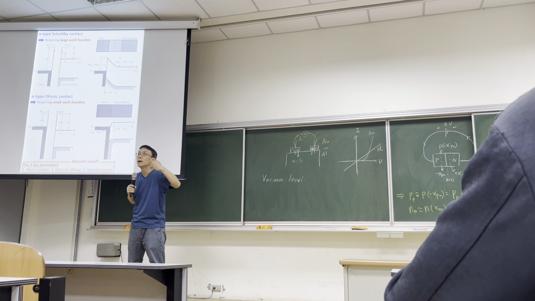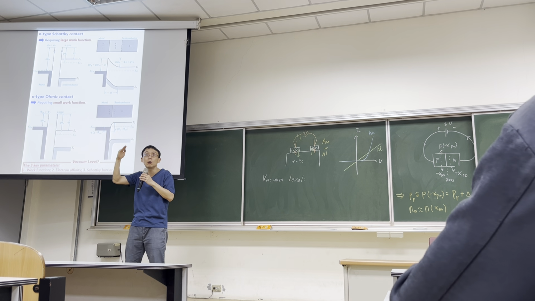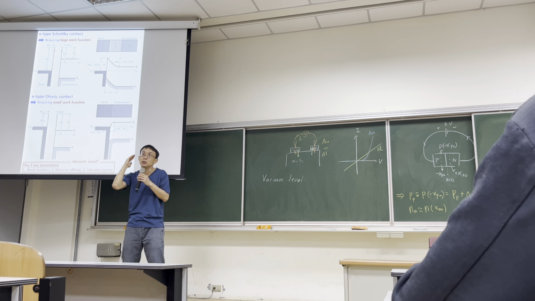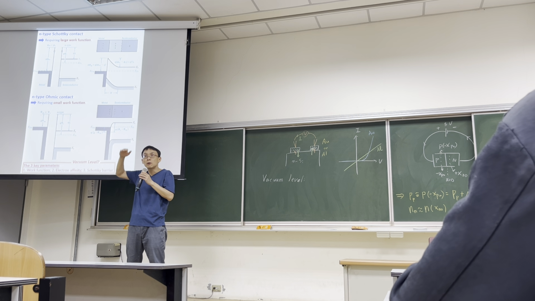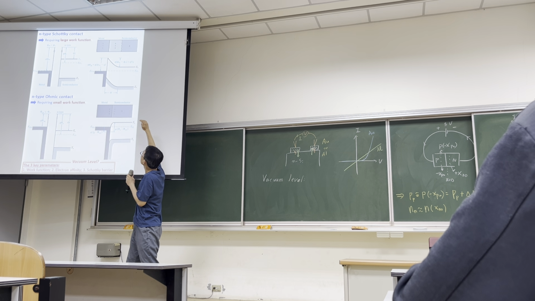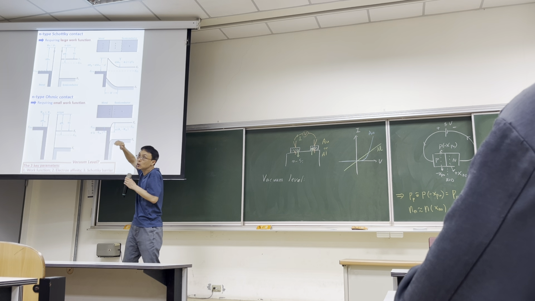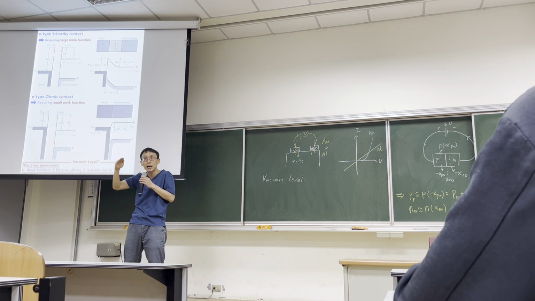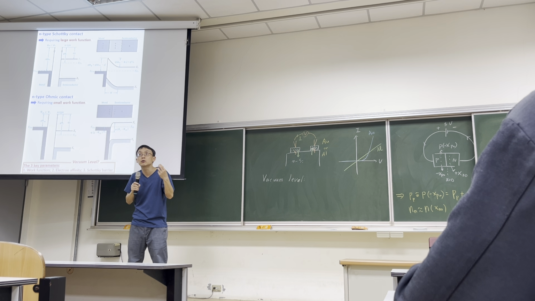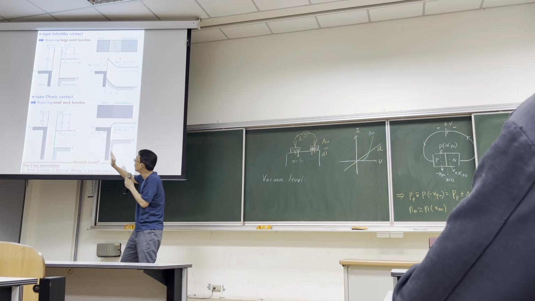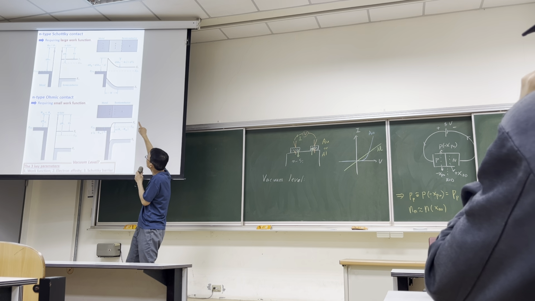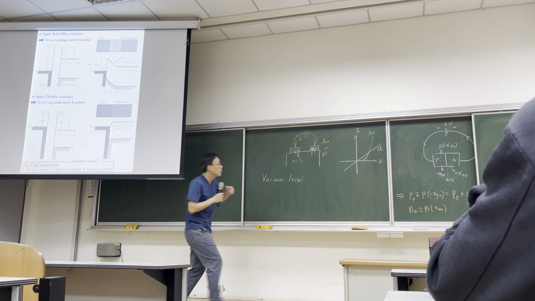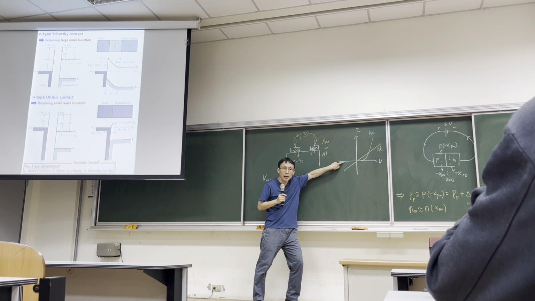Right? So when you are making the conduction band and the valence band bend up, you are increasing the energy barrier for the electron from the metal to the conduction band. So when you have a large energy barrier, you are making this blue line.